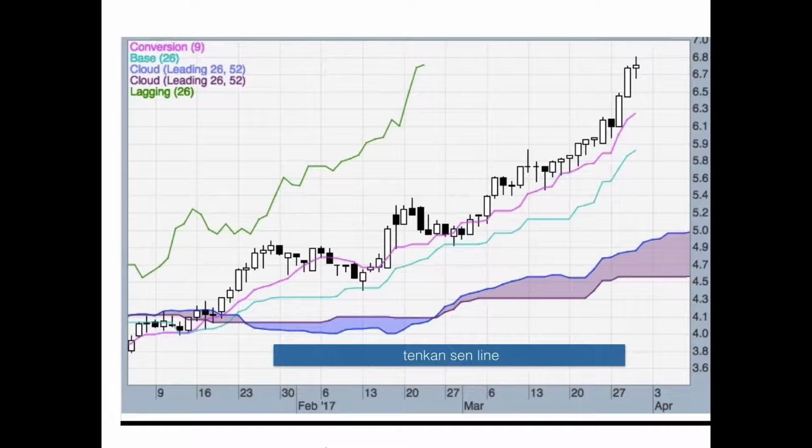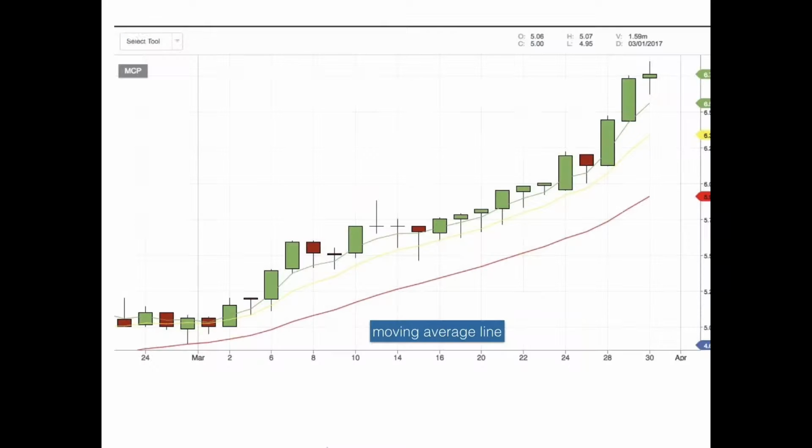Now the Tenkan-sen is just like a short-term moving average because it is a result of price averages over a period of time. However, it only takes the highest high and the lowest low and then gets the average of that. Moving averages, on the other hand, are an average of all closing prices within a specific time period.